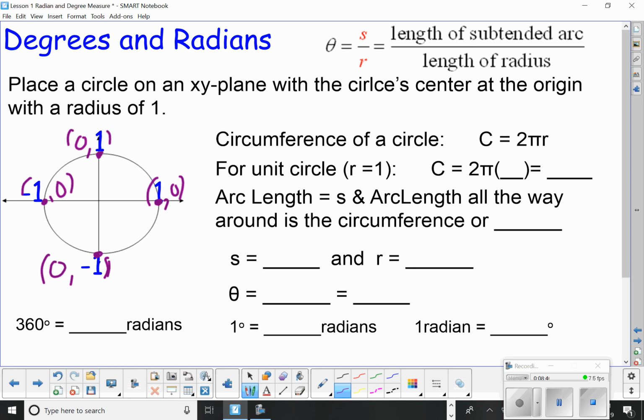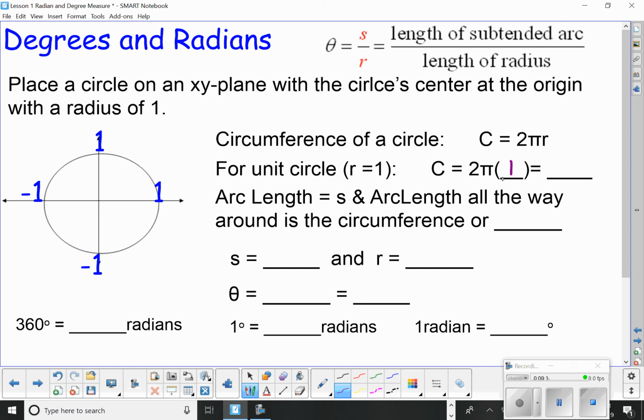Now, the circumference of a circle is 2 pi r. That's how we find the distance all the way around the circle. Now, for a unit circle, and we call it a unit circle because the radius is 1, the circumference is equal to 2 pi r.